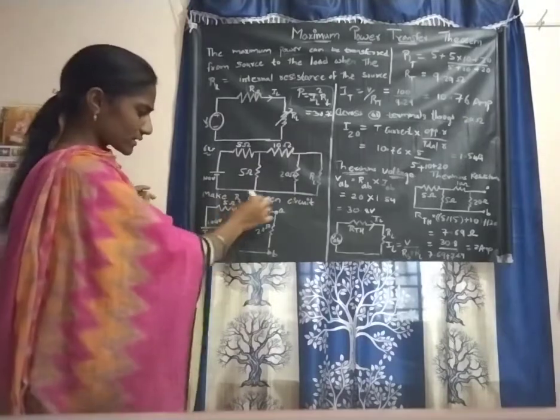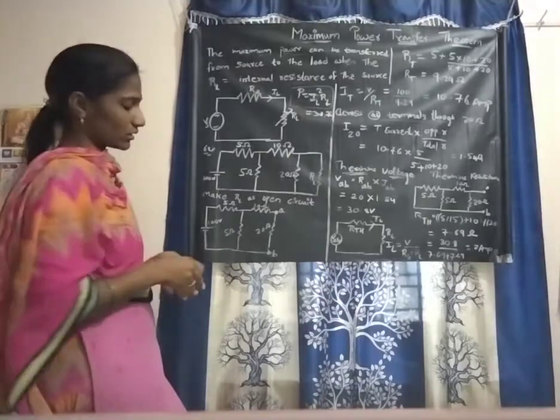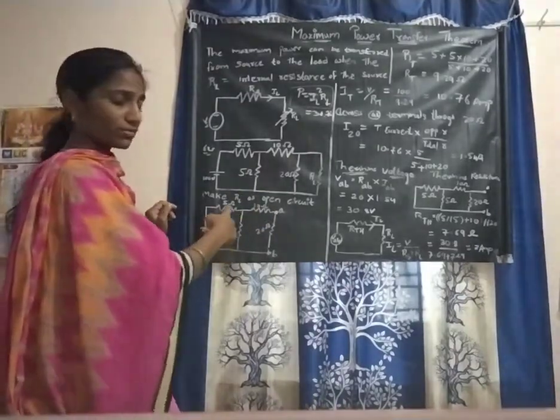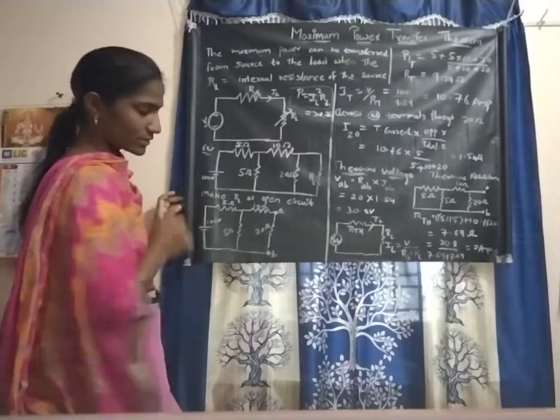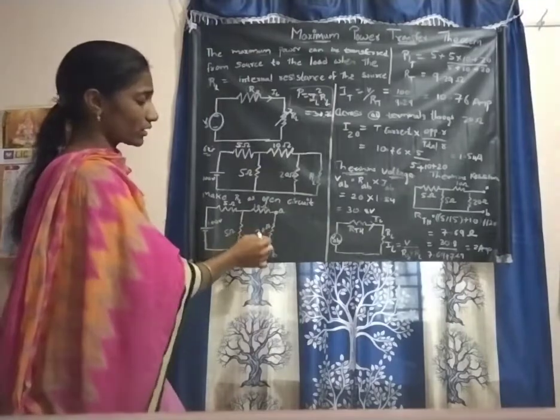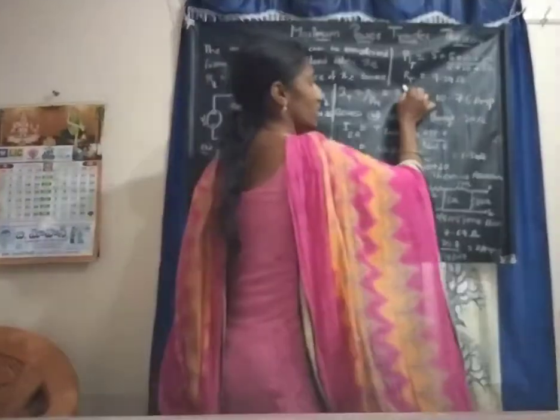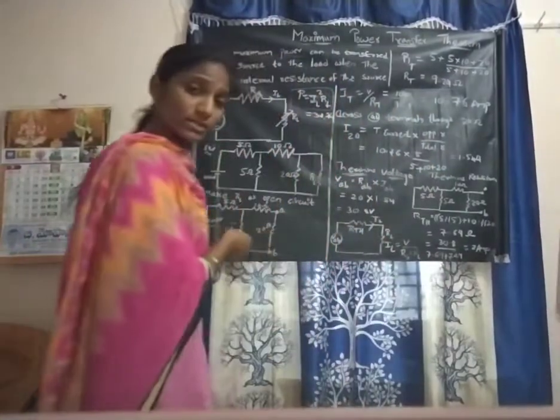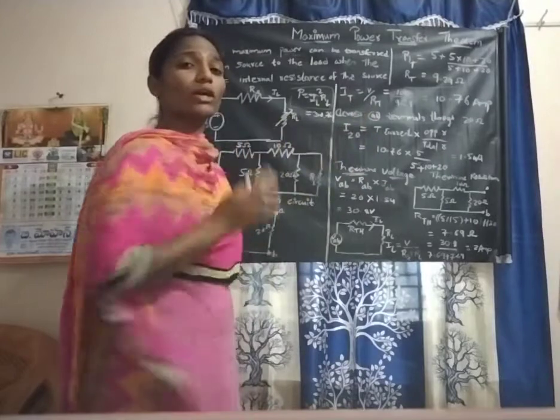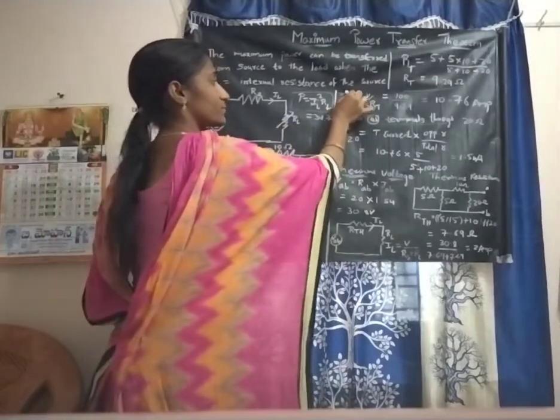Now, how do we calculate the total resistance of this circuit? Check the resistances: 5 and 5 are in series, 5 and 10 are in parallel, and 10 and 20 are again in series. After calculating, we get RT, the total resistance of the circuit, equal to 9.29 ohms. Next, IT.